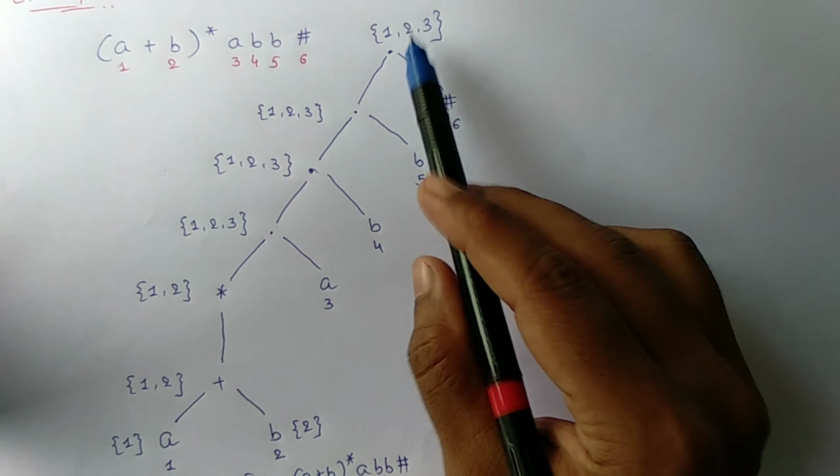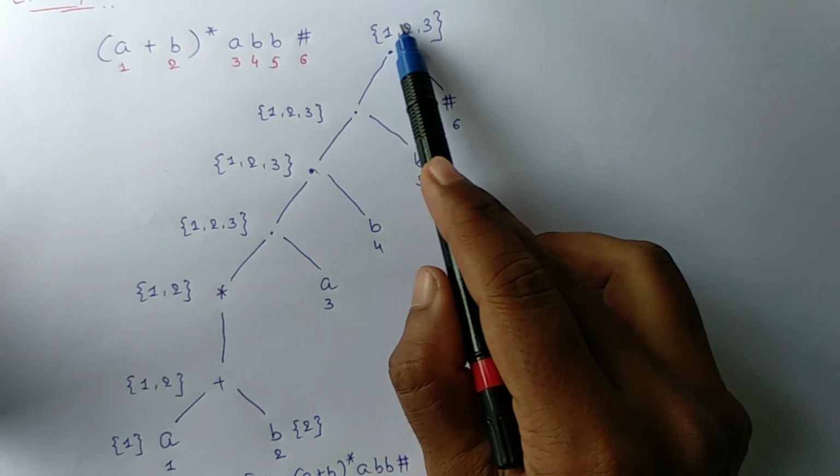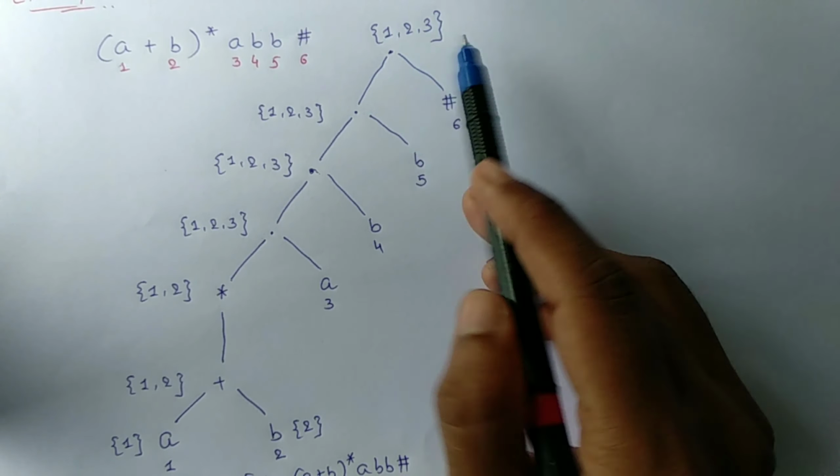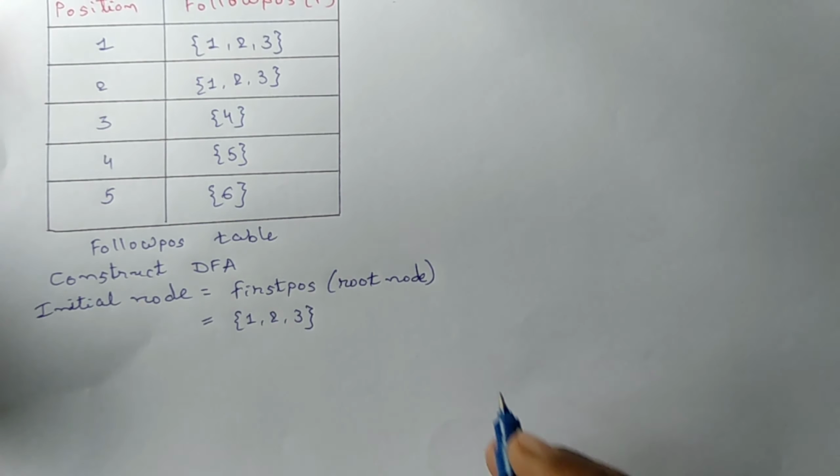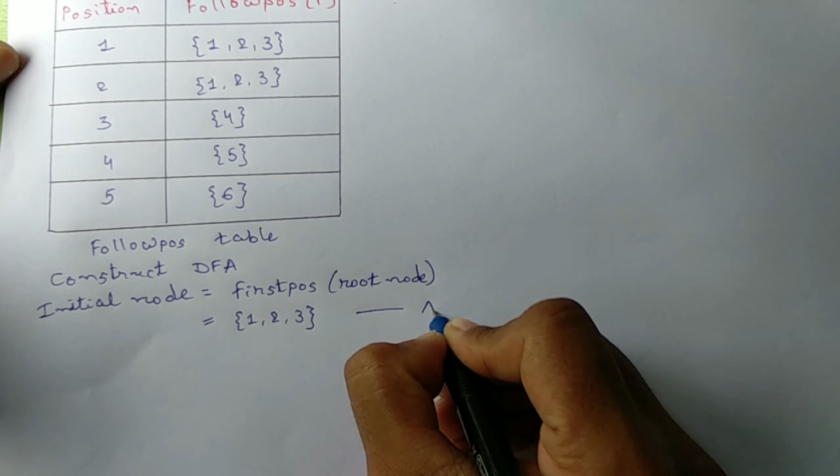In this expression, your root node will be 1 2 3, which is identified by A.